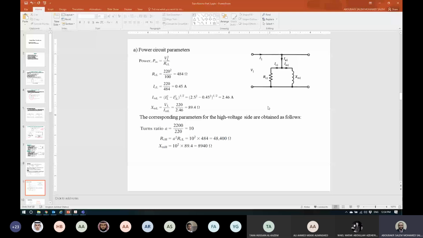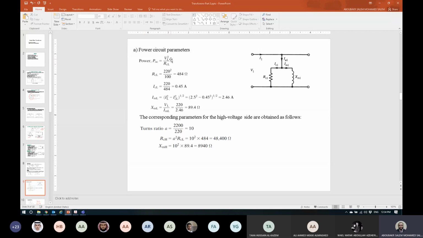Exactly. This is not the current which is flowing in the resistance. We can say IC1 square multiplied by RC. This is the value of power, okay? But not I1. And the measured current is I1 or IL. This is the measured current here. So what we can say here is that VL square divided by R will equal the value of power.